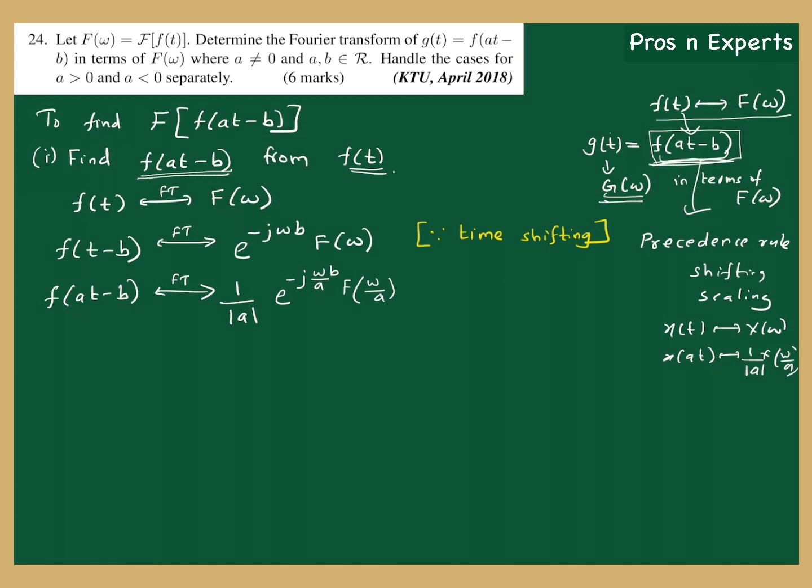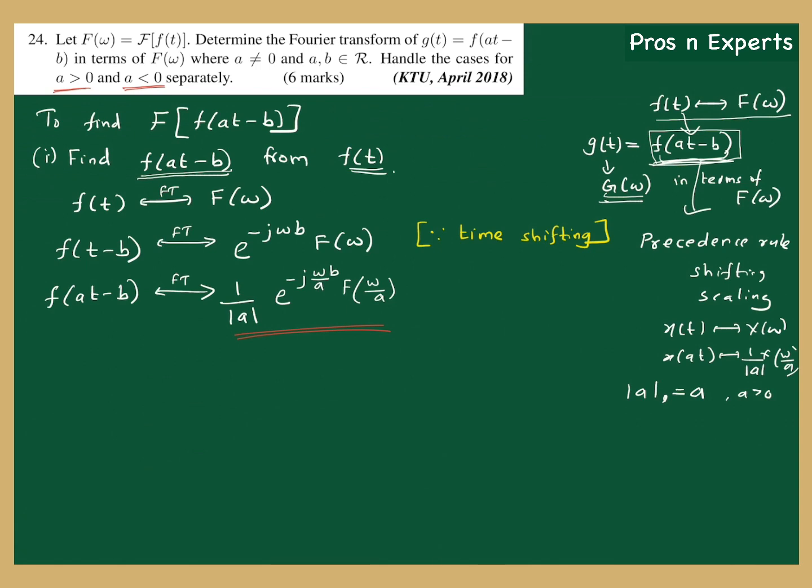But in the question they have asked us to handle the cases for a greater than 0 and a less than 0 separately. That's a simple thing. So this is the actual transform. Now we can handle a greater than 0 and a less than 0. What is mod a for a greater than 0? Mod a will be a itself for a greater than 0.